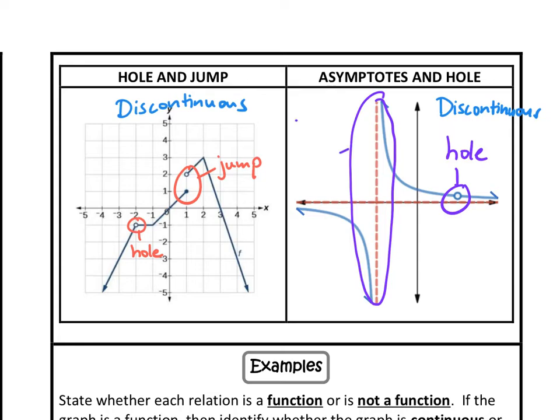So we call this an asymptote. Okay, so sometimes there's situations where the function or the graph that we have has two discontinuous parts.